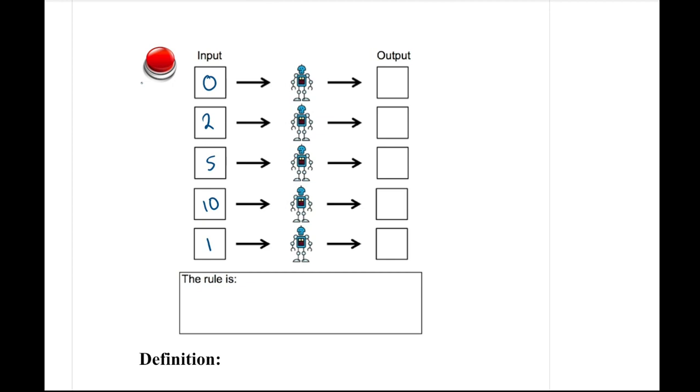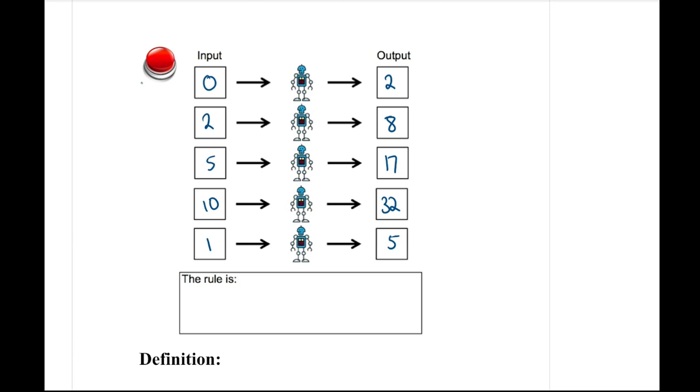And our robot spits out 2, 8, 17, 32, and 5. So again, we're going to try to figure out, okay, what is our rule?